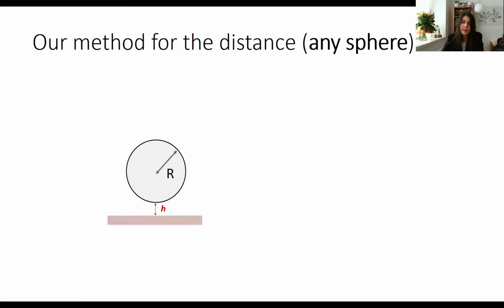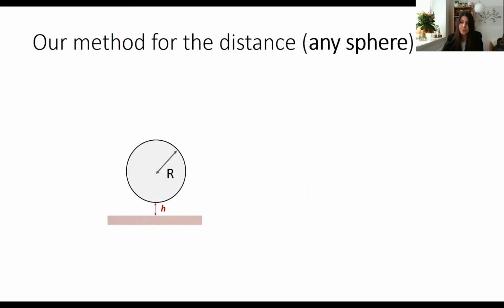In general, it may come to mind that there are a few methods already in the literature that one can use to measure the distance between a particle and a wall. For example, total internal reflection microscopy or holographic microscopy have already been used.